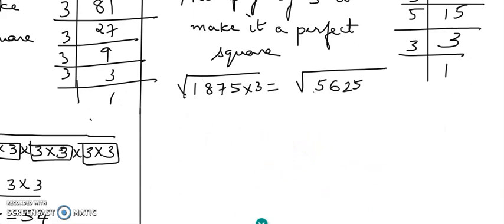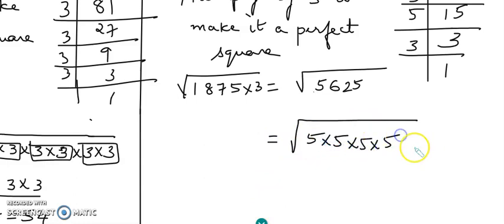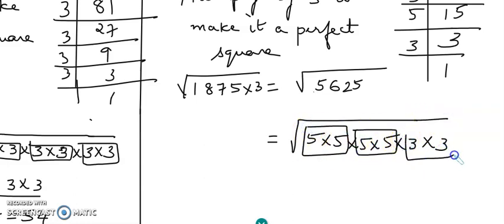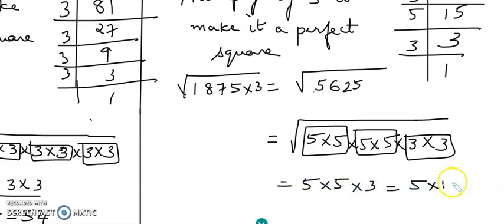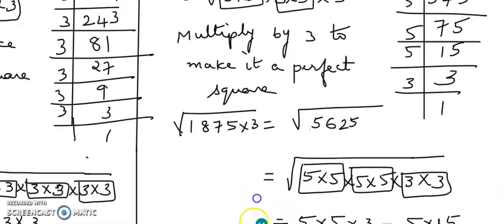So this will become what? Yes, it will be 5 times 5 times 5 times 5. A 3 was already there. We have inserted one more 3. So let's make the factors. So this will be 5 times 5 times 3, which is 5 times 15, which is 75. Okay. Hope this is clear.